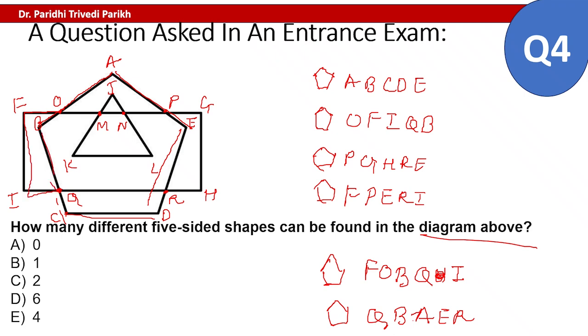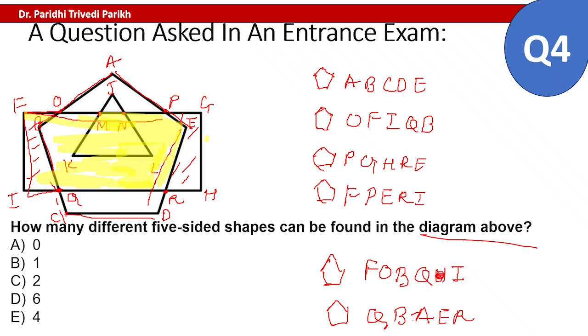Now F, P, let me change this thing. Now let's say this figure. F, P, E, R, I. This figure. This one. Do you get that? This is also a five-sided figure.